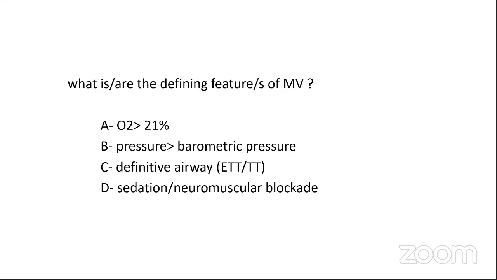By essential, I mean you cannot ventilate a patient without applying it. Which ones would you choose? Oxygen, pressure, airway, or sedation and neuromuscular blockade? Let me hear your opinion, please.